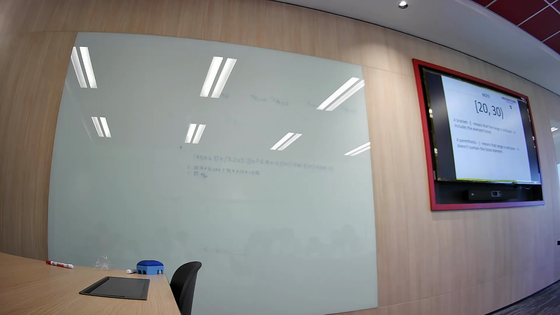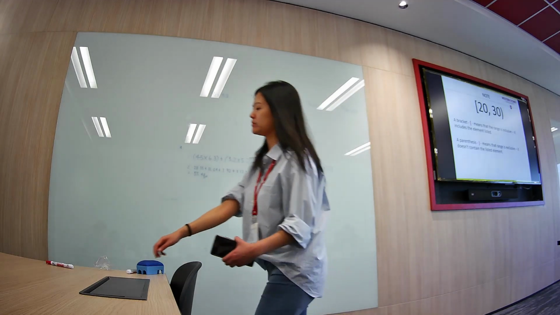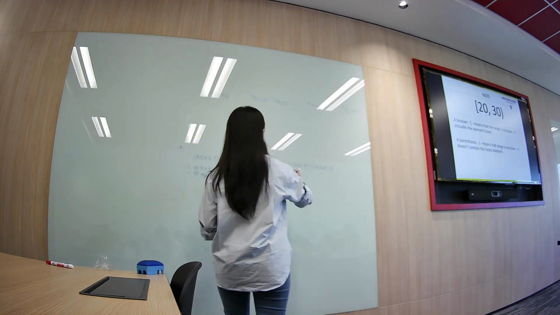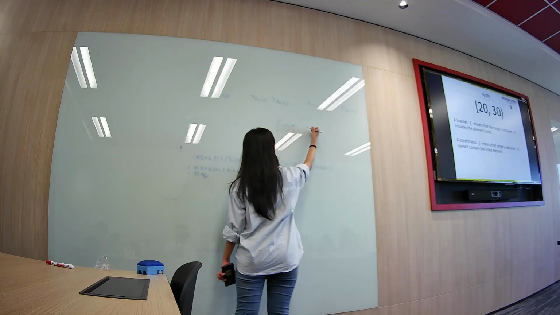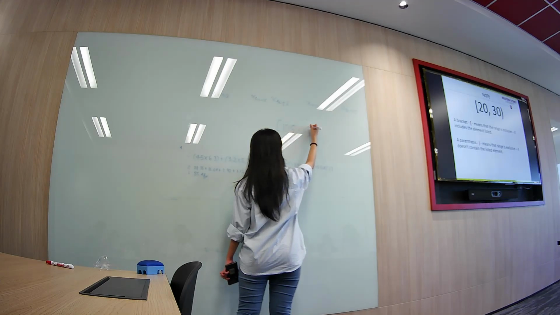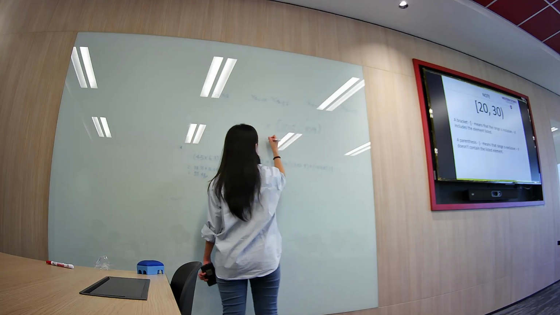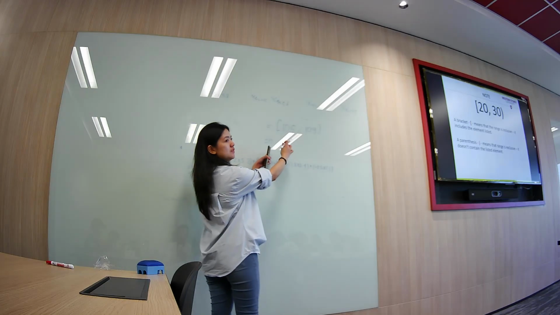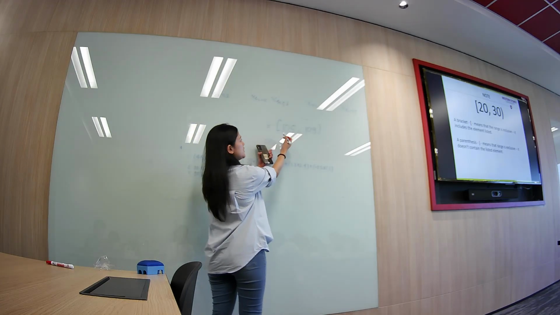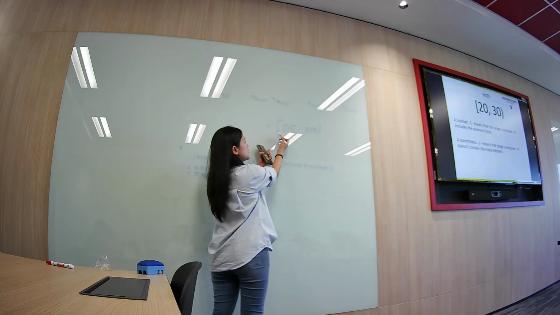For example, if I make something like this, 105 to 109. So my data should be, if you see this one, 105 to 109. This is using the square bracket.